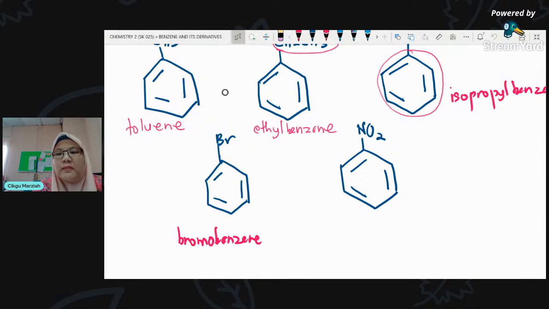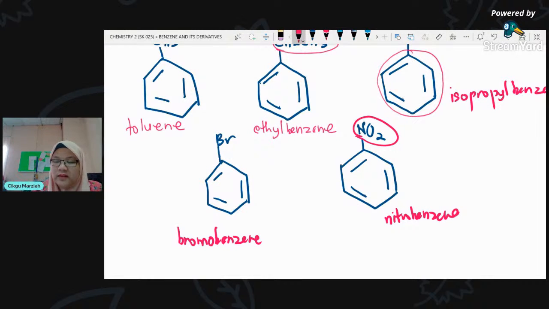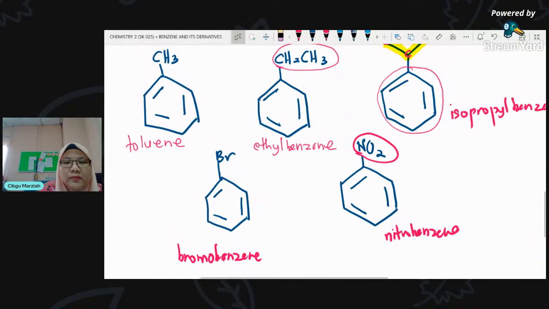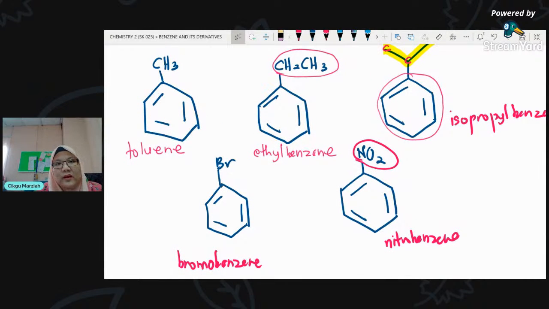So that kita namakan dia lah ya, nitrobenzene. Okay, so this is an example of nomenclature for a benzene with one substituent. Okay, kalau ada dalam the list of 6 members tu, boleh pakai nama tu. Kalau tak ada, you pakai parent sebagai benzene and you name the substituent according to its name lah. Okay, so this is the situation where we have a compound that contains benzene with one substituent.